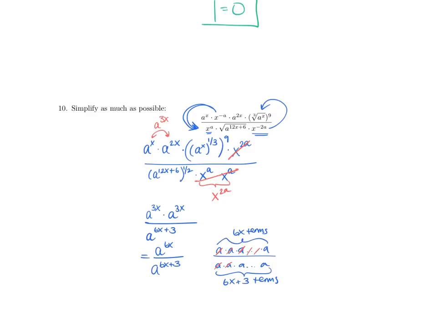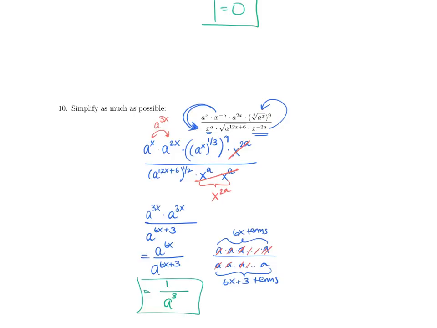And in fact, everything in the numerator will cancel, and then all but 3 terms in the denominator will cancel because I have 3 more than 6x in the denominator. So what is going to come out here at the end of everything is going to be 1, because that's all that's left in the numerator. And then those 3 terms of a survive in the denominator, and that's it. So I have 1 over a cubed is my final answer there.